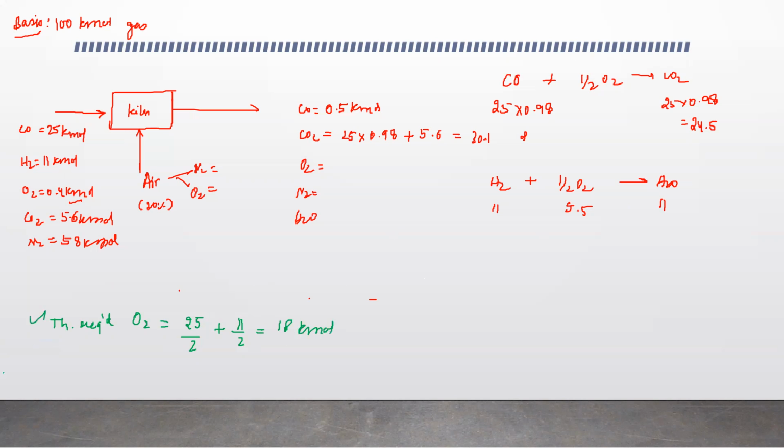This is the required oxygen. All right. Now from air, theoretical oxygen required from air is going to be 18 minus whatever oxygen is already available, that is 17.6 kilomoles, right? This is the oxygen that is required from air.